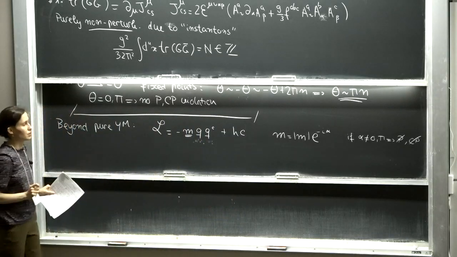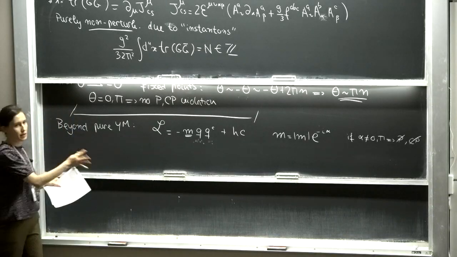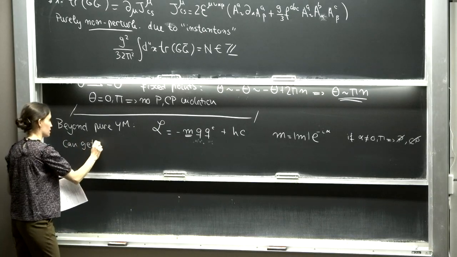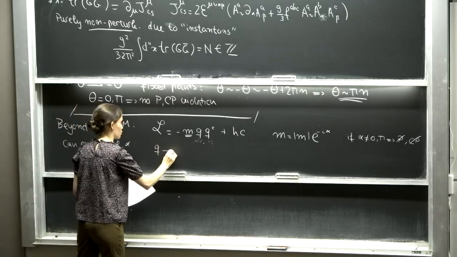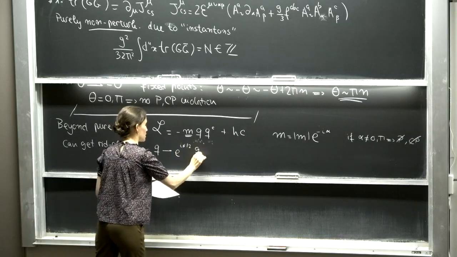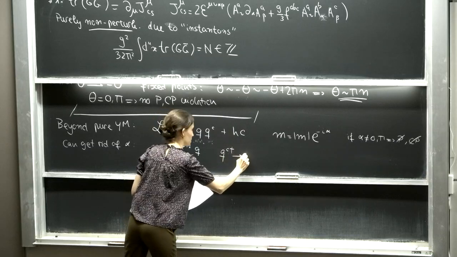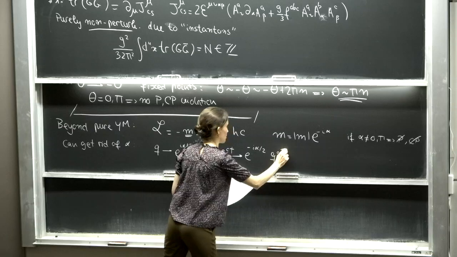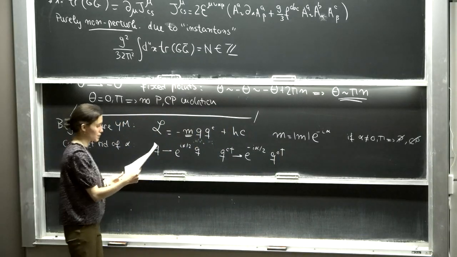Naively, we can get rid of this phase by performing a chiral rotation in our quarks. Okay, so we can rotate our two left-handed Weyl fermions. Let me write it like this, as you may be more familiar. A chiral rotation takes the left-handed and the right-handed component with opposite phases.